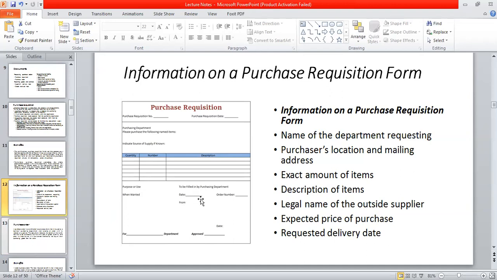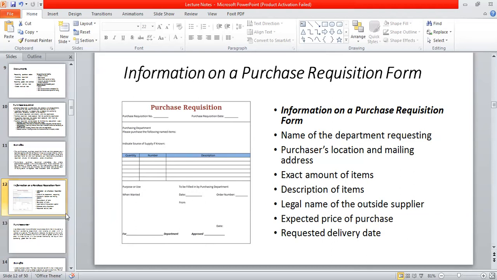I've also attached an example of the purchase requisition in its simplest form that can be used by any organization in requesting orders from the ordering department.